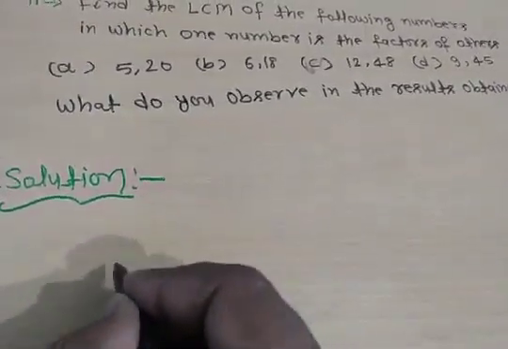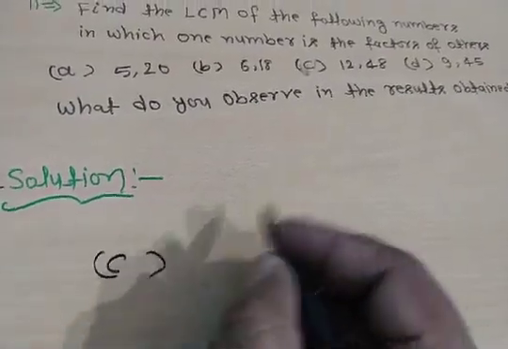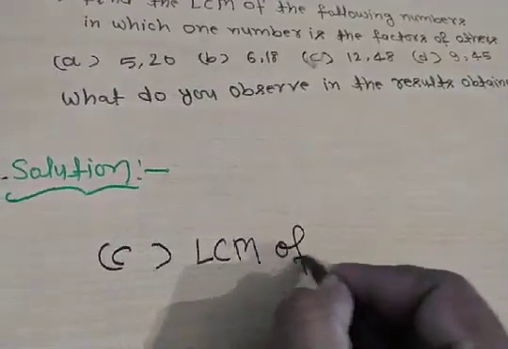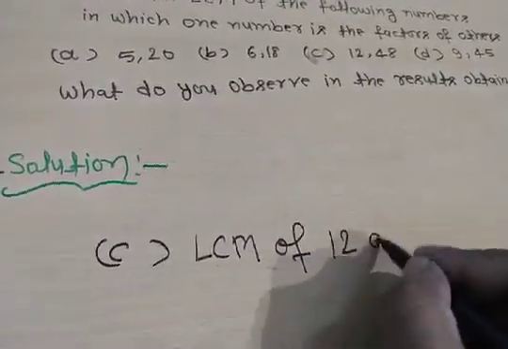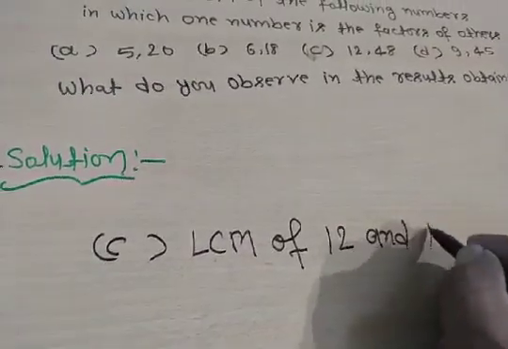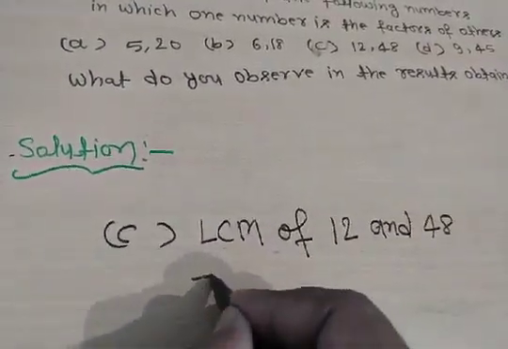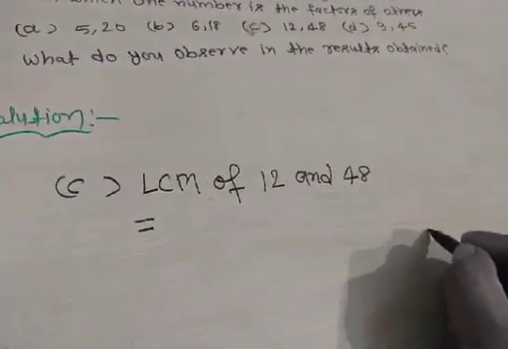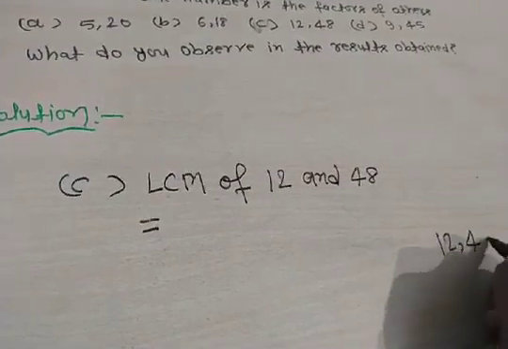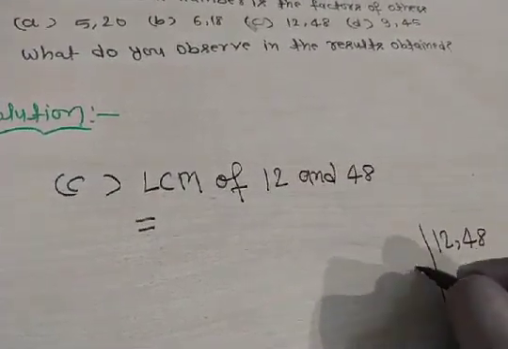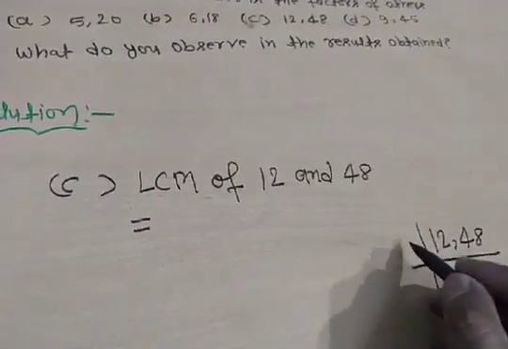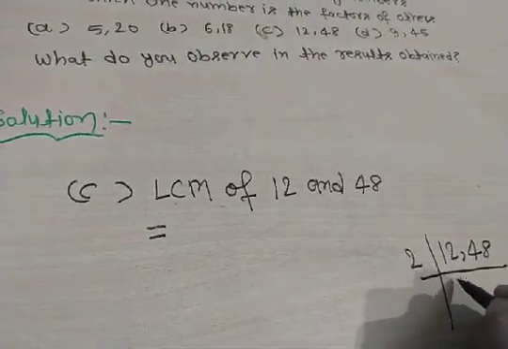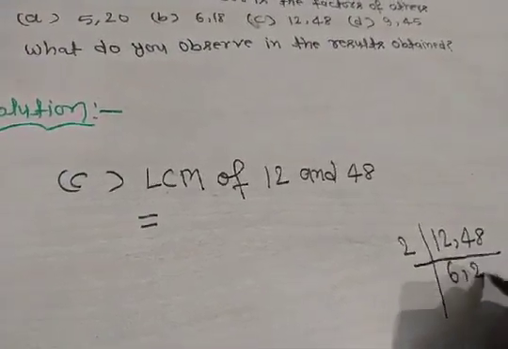Now C part: the LCM of 12 and 48. We use the division method to find the LCM. So we write here 12 and 48. 2 is the smallest prime number which divides both given numbers. 2 divides 12 six times and 48 twenty-four times.